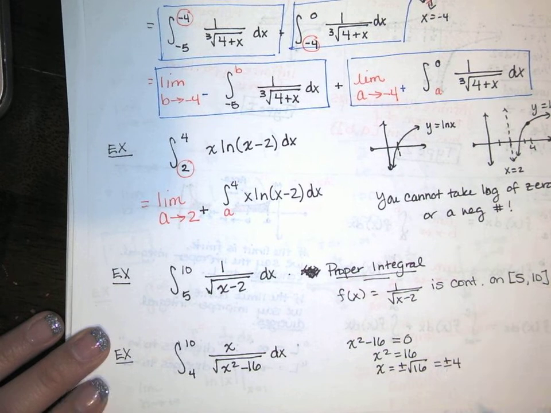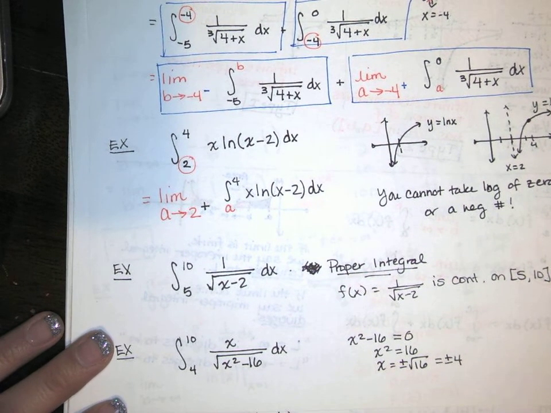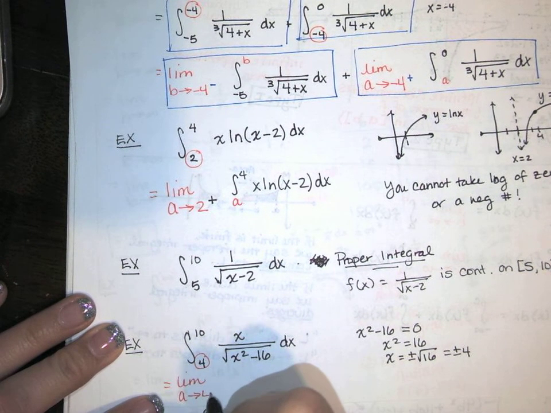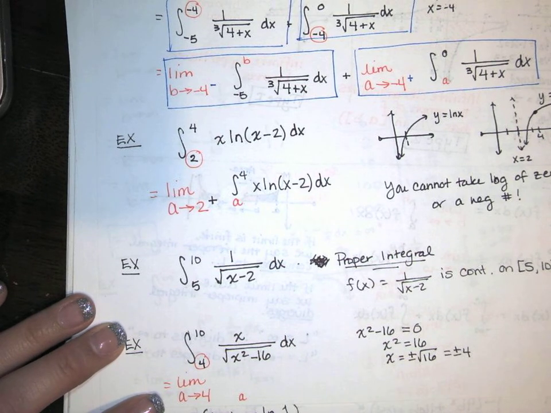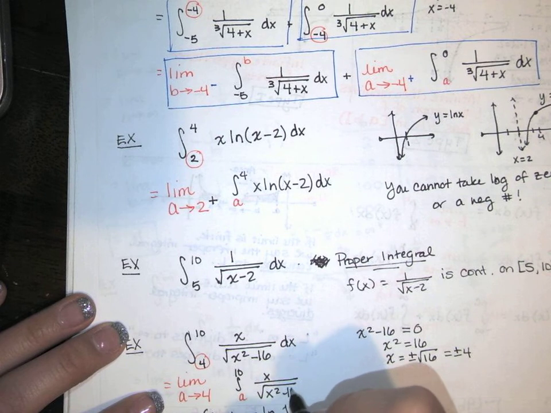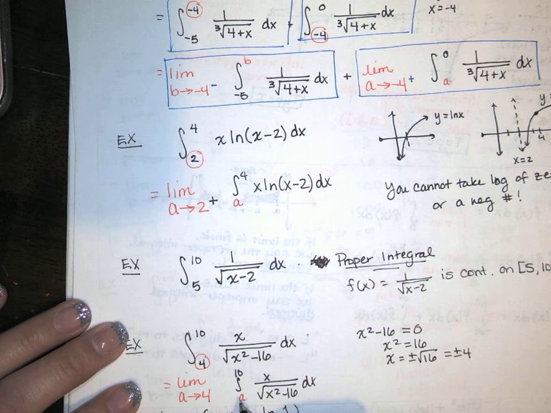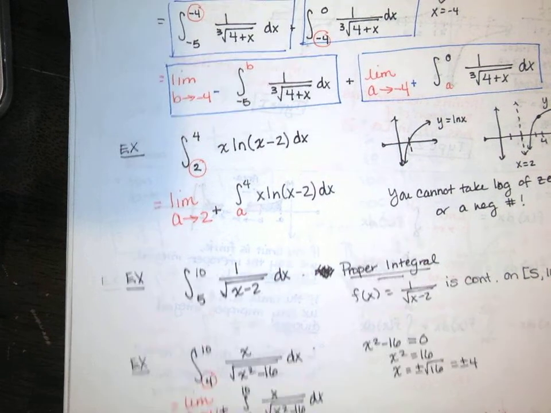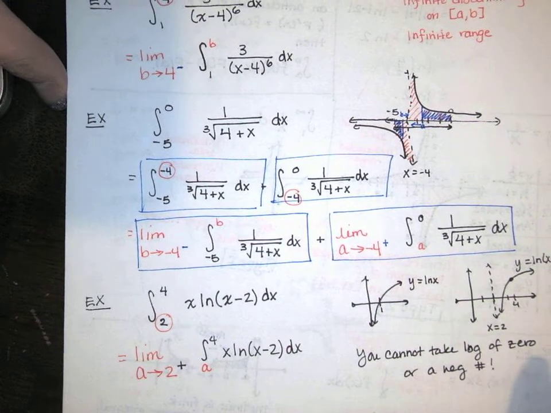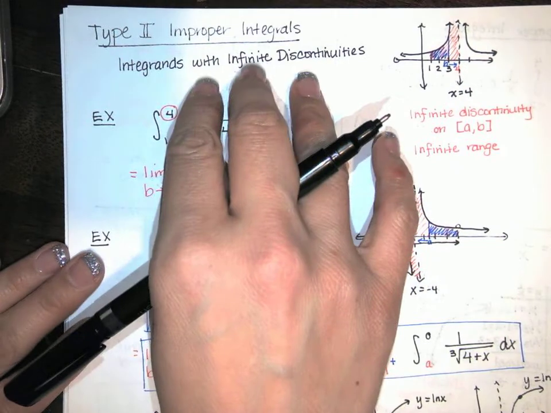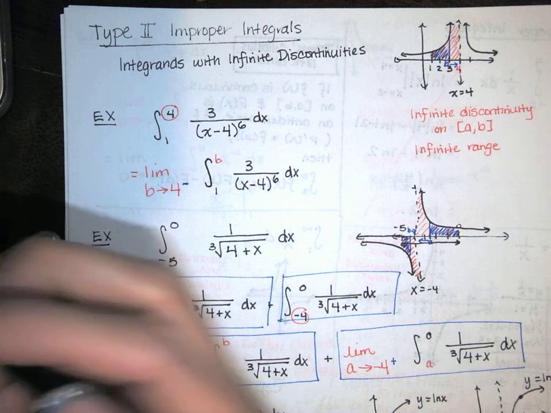So that's plus or minus 4. We're going to have a problem at x equals 4, and x equals 4 is on my interval. It's right there. So I'm going to write this as the limit as a approaches 4. And since it's the lower bound, we're going to approach from the right.